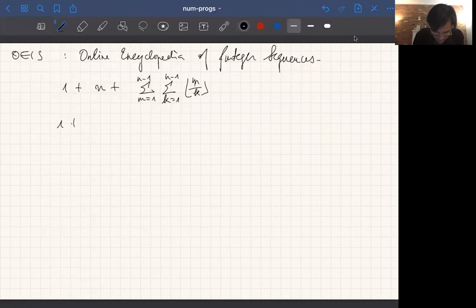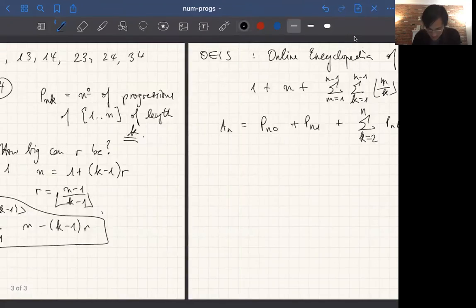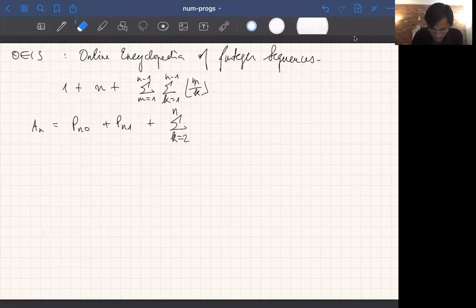We have 1 plus n. So 1 is this, so I guess p_n in our notation would be p_n0 plus p_n1 plus the sum from k equals 2 to n of p_nk. But we found out that p_nk is actually this thing, so we might as well just set it in here.